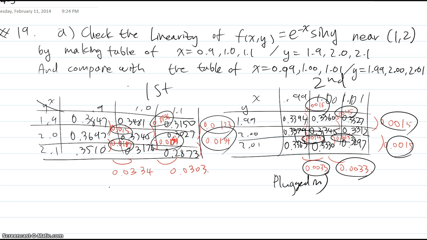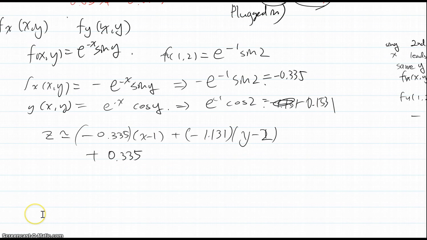So I'm gonna use the second one for part B, which asks me to get the local linearization of this function and compare it with the conventional method, using fx(x,y) and fy(x,y). I just wrote down the conventional way of doing it.